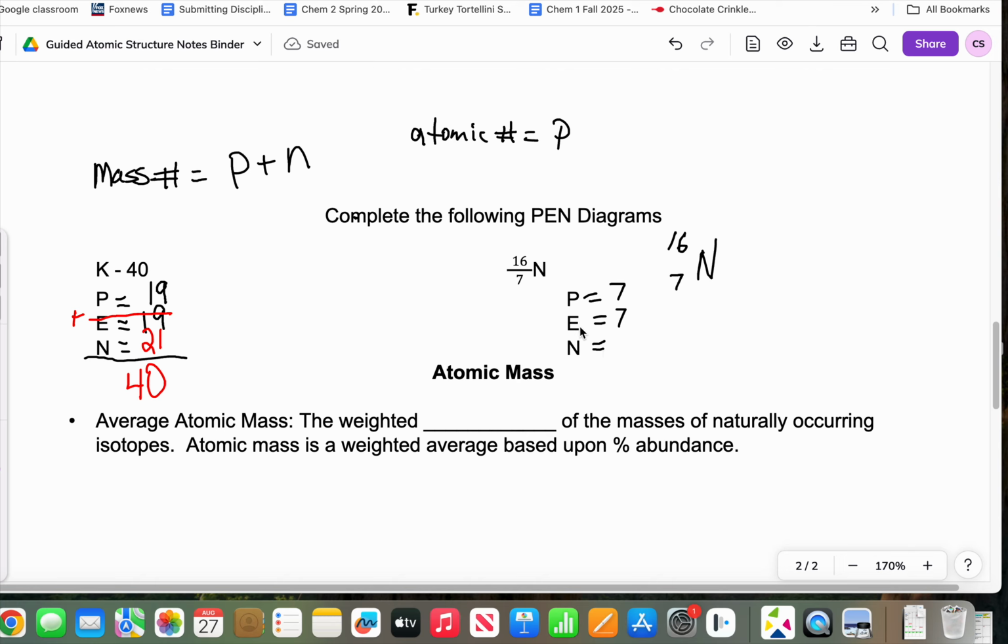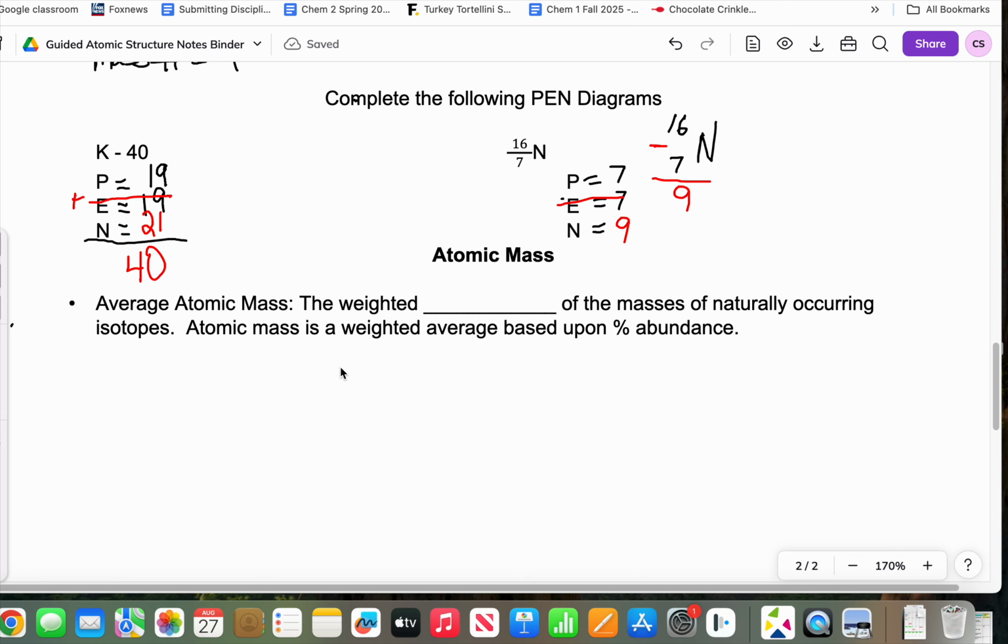Now to get the neutrons, remember electrons don't count. But this way it's already set up because if you take the mass number, subtract the protons, you get the neutrons. So 16 minus 7 is 9. And so when you write it this way, it kind of makes it set up to do a subtraction problem already. You got to know that really well.